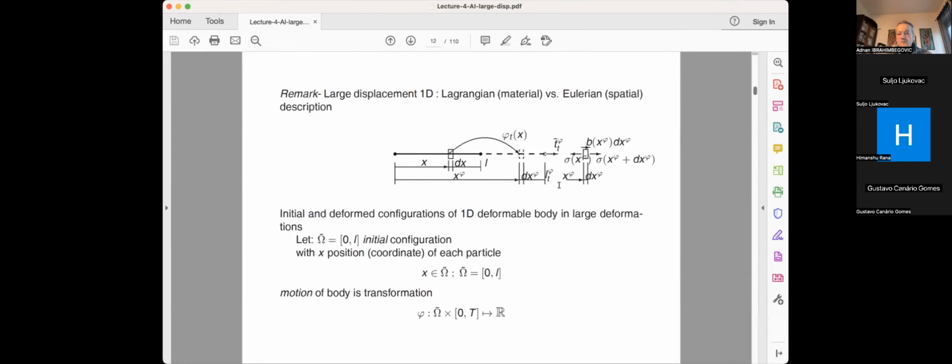So if I go to a 1D setting, there's not much excitement, but still this could be used to explain what the large displacement, large deformation will bring. So in the thick black line, you have an initial configuration. It goes with X from 0 to L. That's the way I choose my frame. And then I have a very large deformation, typically producing the length L_phi, which is much bigger than L, let's say 2 times.